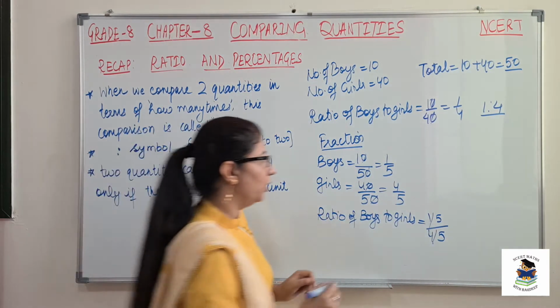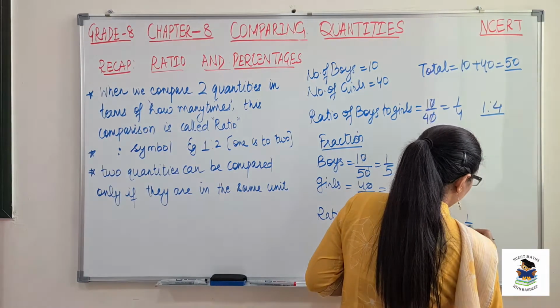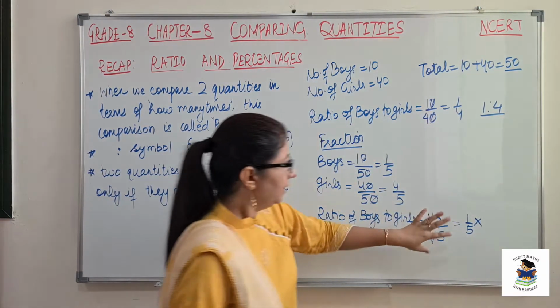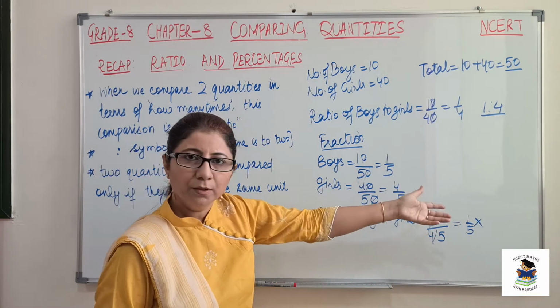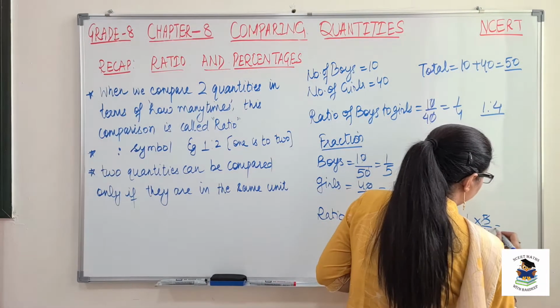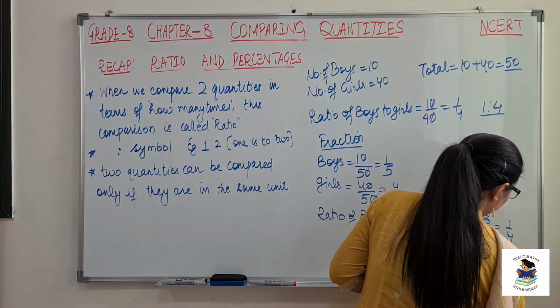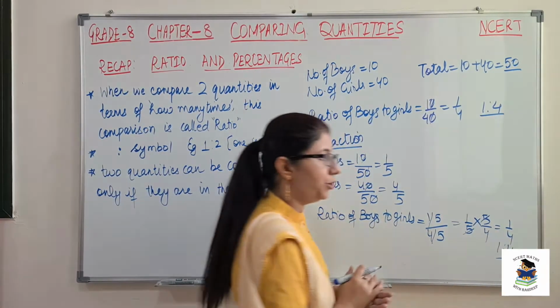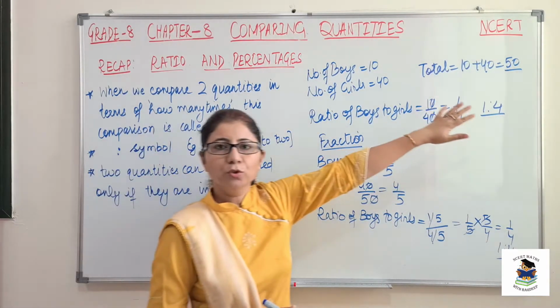So now how to solve this? 1 by 5 divided by 4 by 5 will become 1 by 5 multiplied by 5 by 4, okay. So again you will get the same answer, that is, the ratio is 1:4.